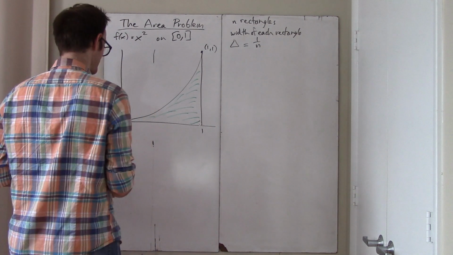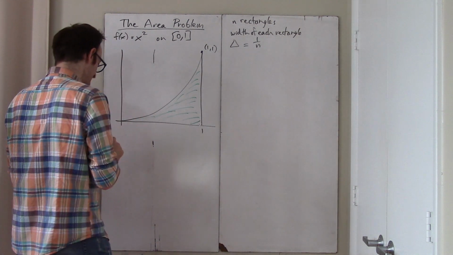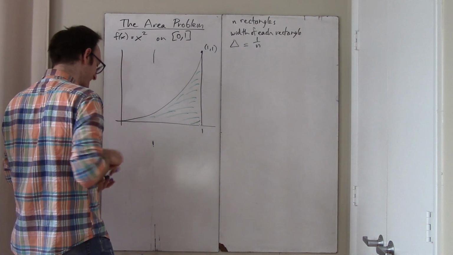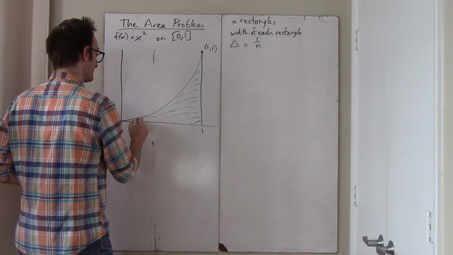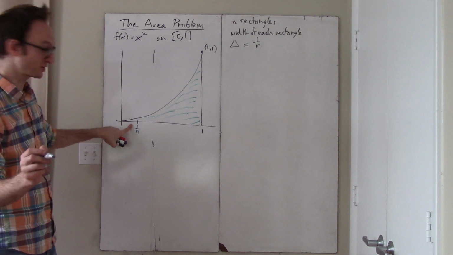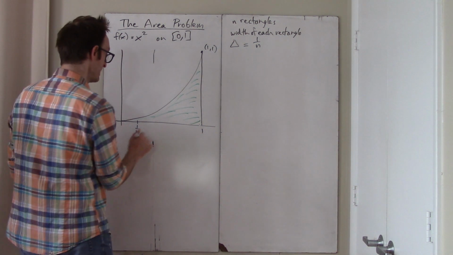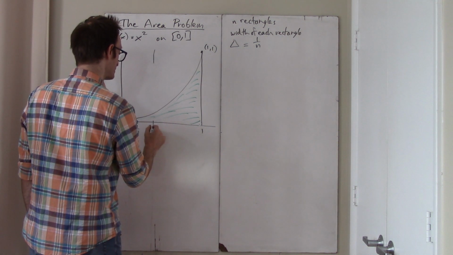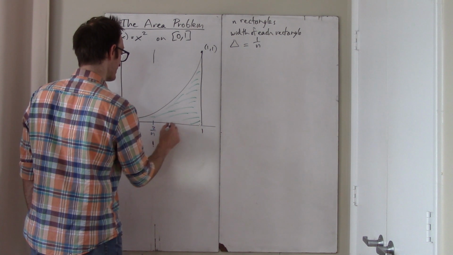That's just a way of saying, if you really want to have n rectangles, then let's make the first one describe the function on the interval from 0 to 1 over n. The second one should describe it on the interval from 1 over n to 2 over n.